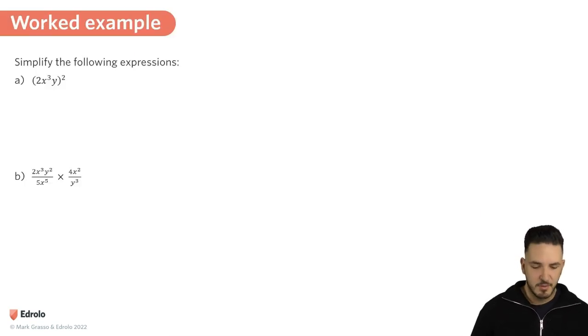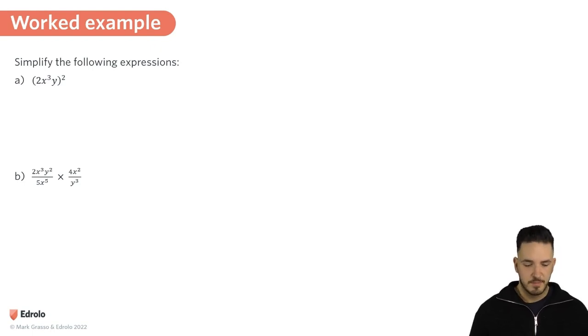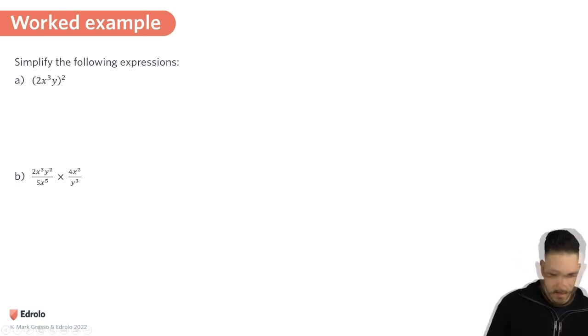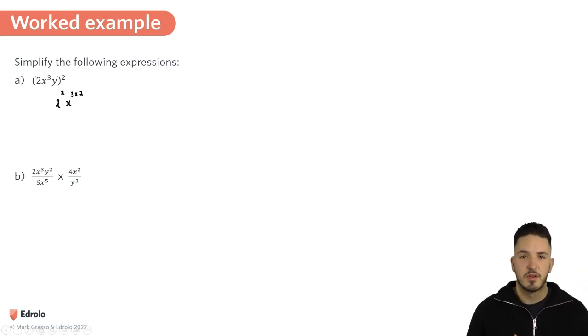In this worked example, we're going to be looking at simplifying the expressions using a combination of these index laws that we've just reviewed. So we've got (2x cubed y) all squared. Because it's all squared, we are going to raise each of those bases on the inside to the power of 2. So we're going to have 2 squared, then x to the power of 3 times 2. 2 squared came about because technically that's 2 to the power of 1, and 1 times 2 just gives you 2.